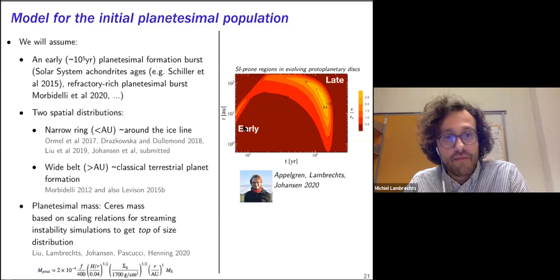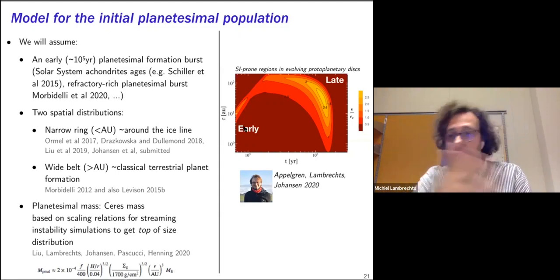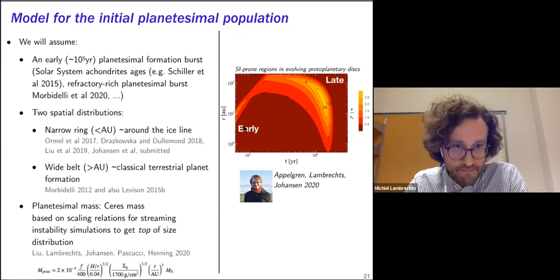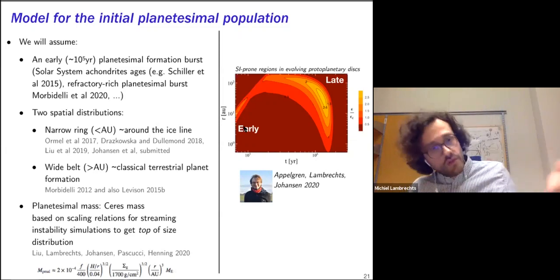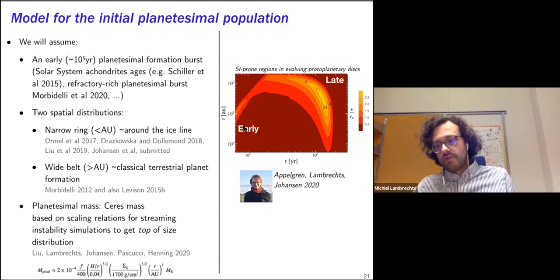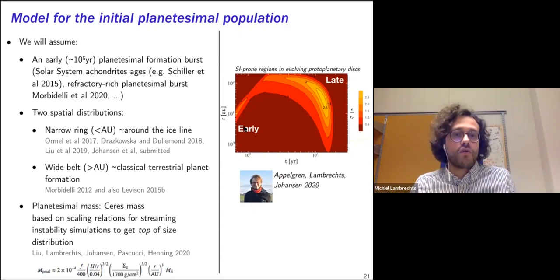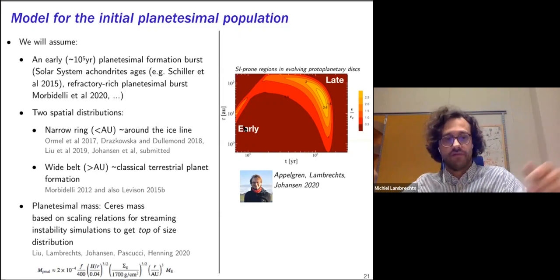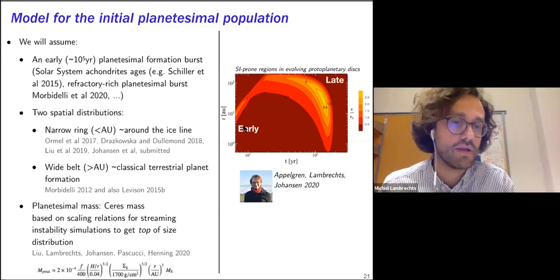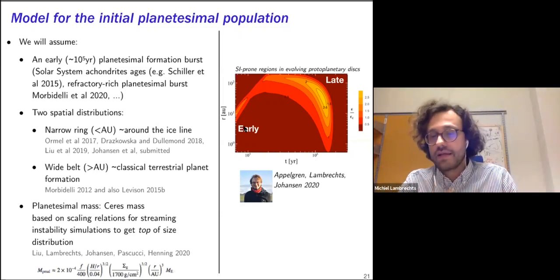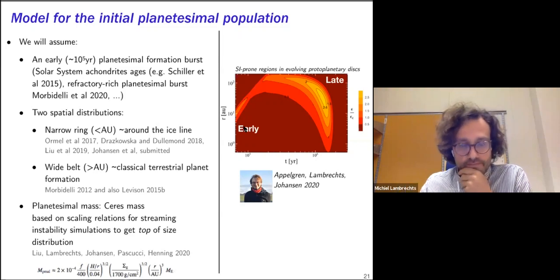But then you also have other papers, for example, by Joanna Daszkowska, that go exactly along these lines. There's also the other picture where you can think, well, maybe the planetesimal formation is still a little bit more stochastic than we think, and you go back to more classical terrestrial planet formation, where it's spread around the terrestrial planet formation region. This is, for example, also something that Hal Levison explored in 2015.